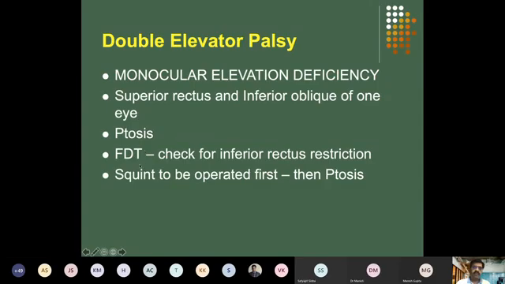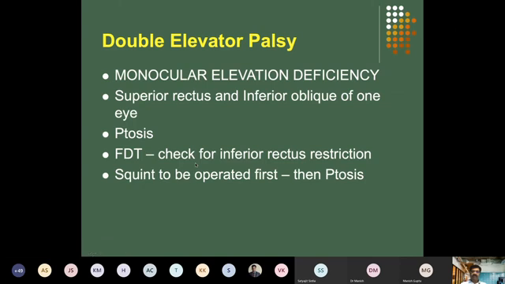In these cases, how do we evaluate? Apart from the squint evaluation, force reduction is a must before planning any surgery, because a prolonged paralysis of the superior rectus and inferior oblique may lead to inferior rectus fibrosis as well, because the inferior rectus is always in a contracted state. So eventually that leads to fibrosis.